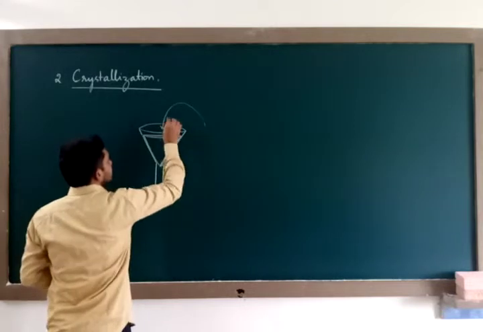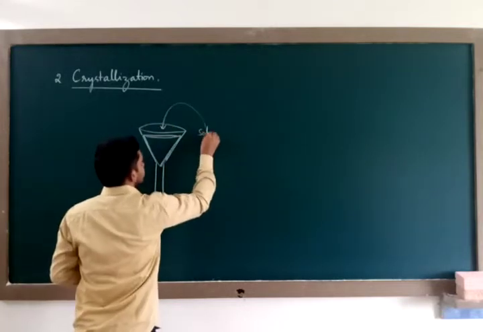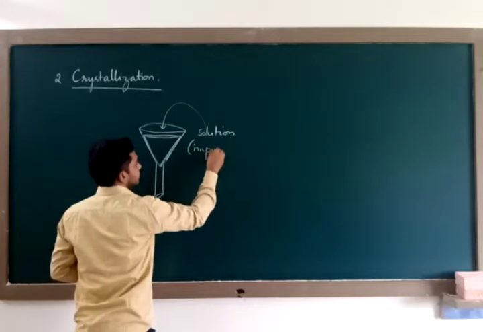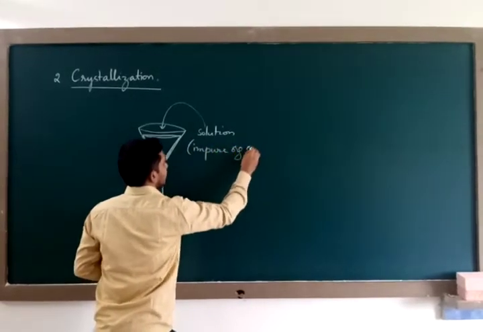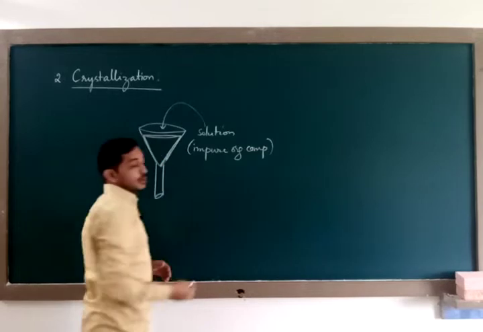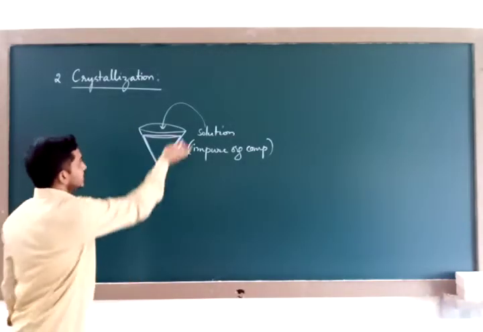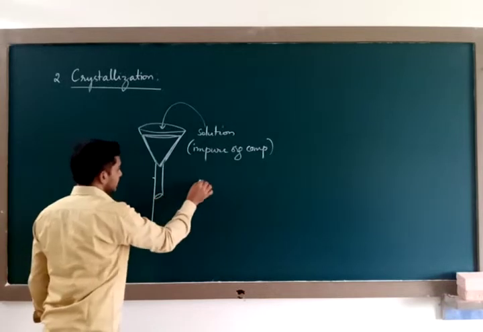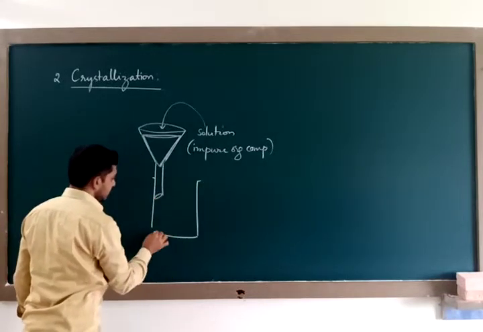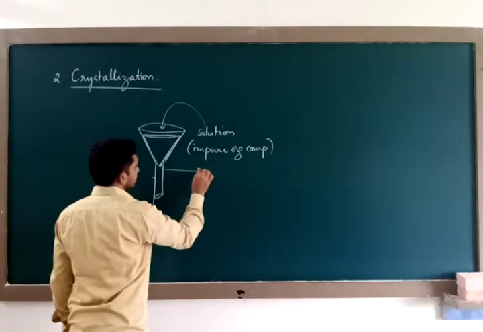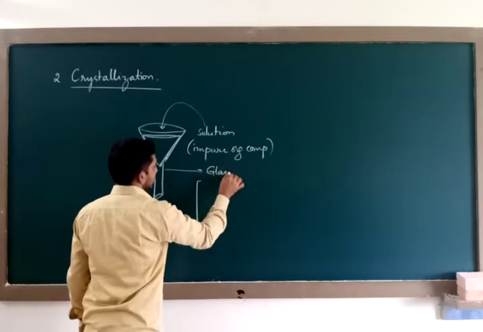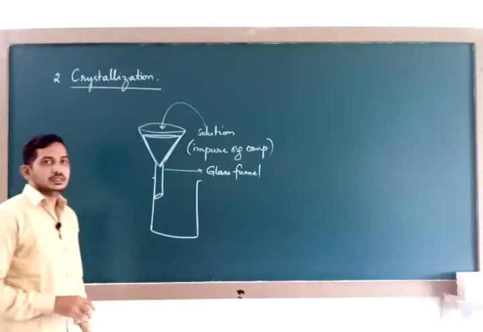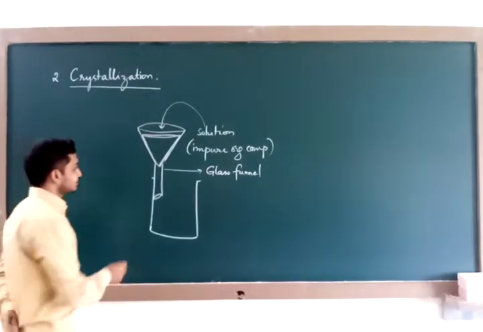Now from here you add the solution containing your impure organic compound, or in other words, the organic compound along with impurities. Then this glass funnel is kept in a beaker, for collecting the clear solution or filtrate.